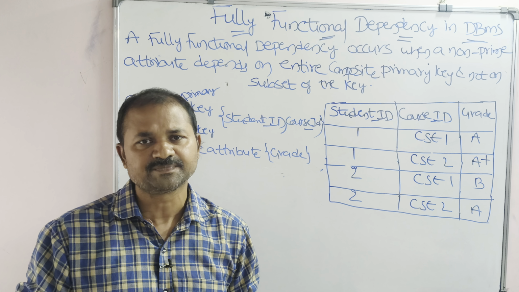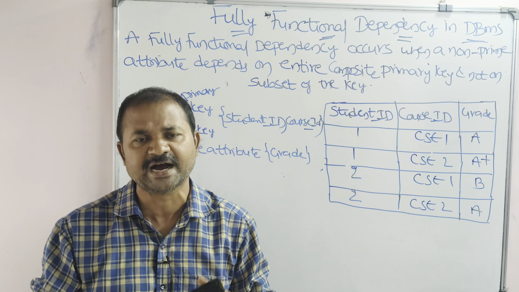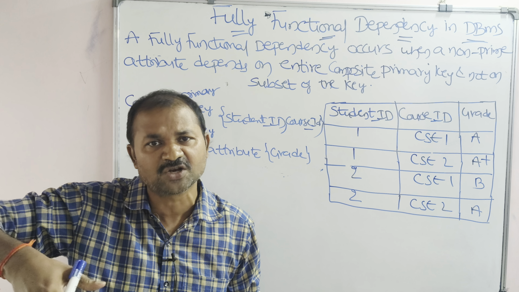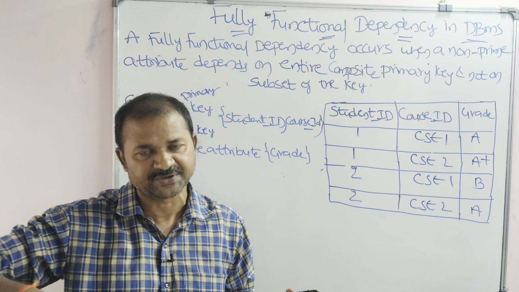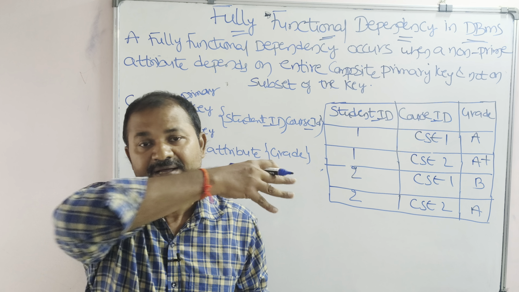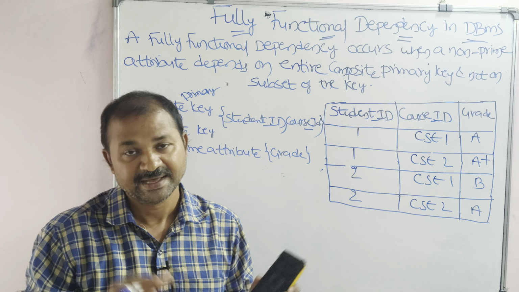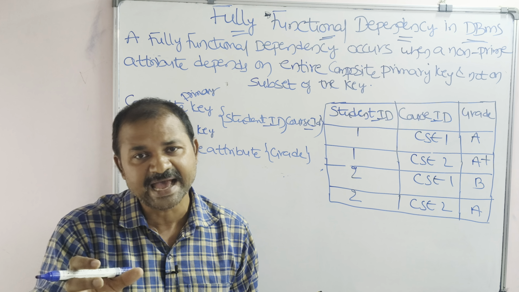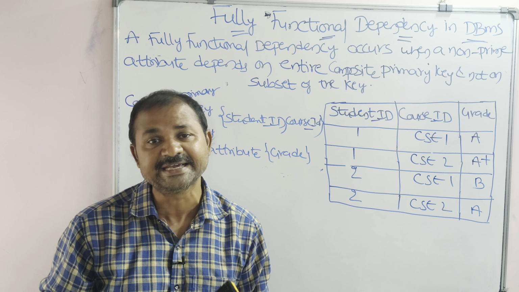A non-prime attribute can also be called a non-key attribute. So when a non-key attribute depends on the entire composite key rather than a part of the candidate key, rather than a subset of the candidate key.